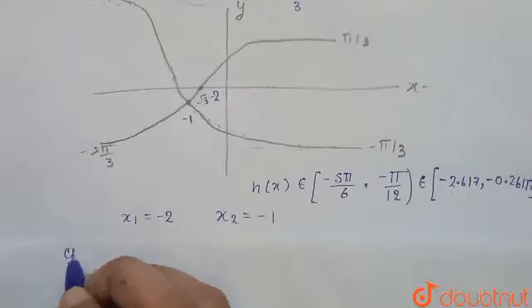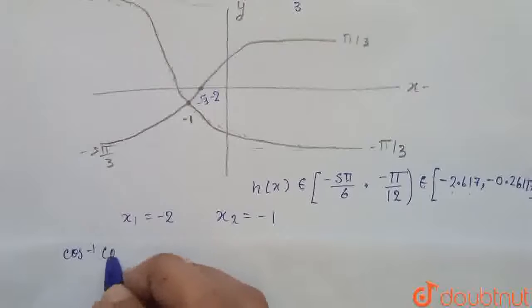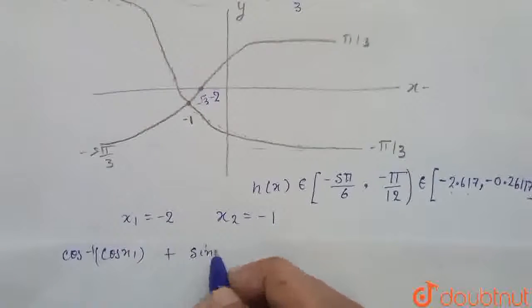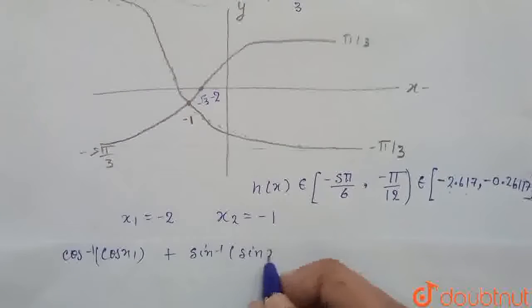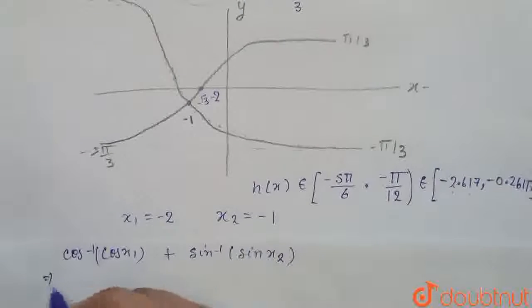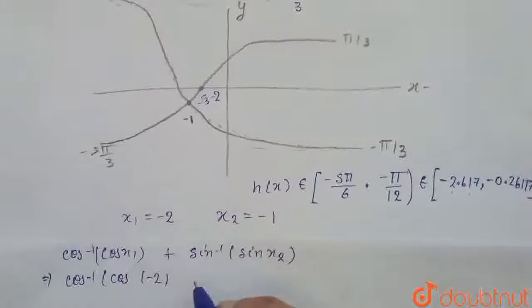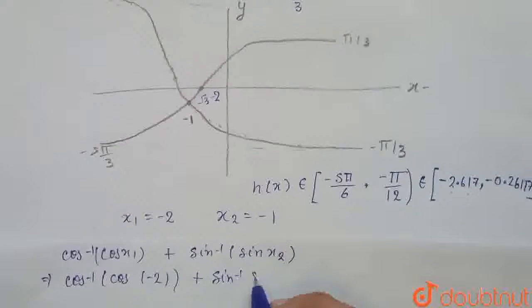Now we have to find cos inverse cos x1 plus sin inverse sin x2. So here we have cos inverse cos of minus 2 plus sin inverse sin of minus 1.